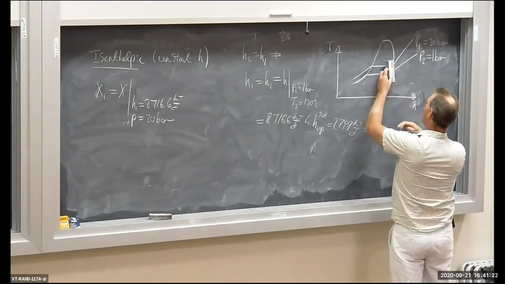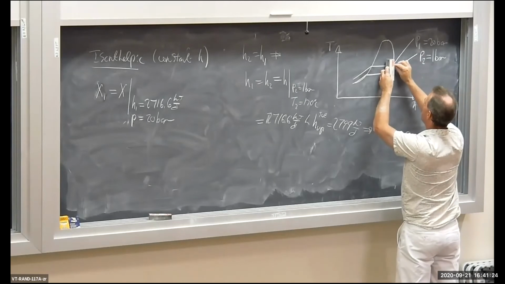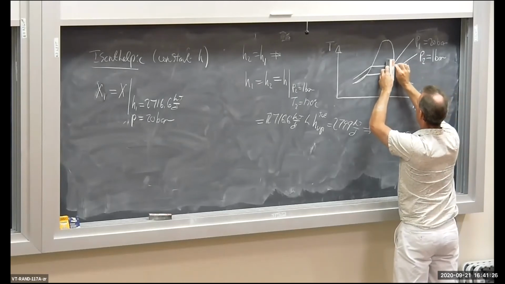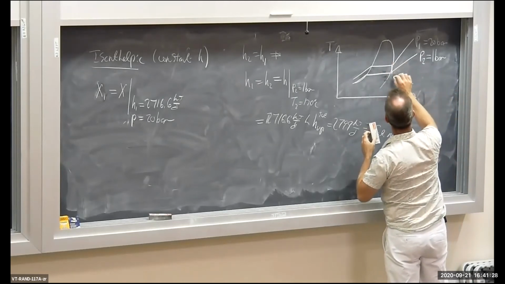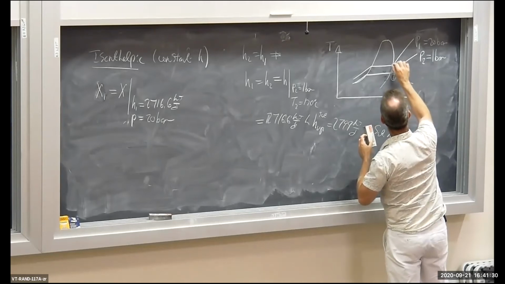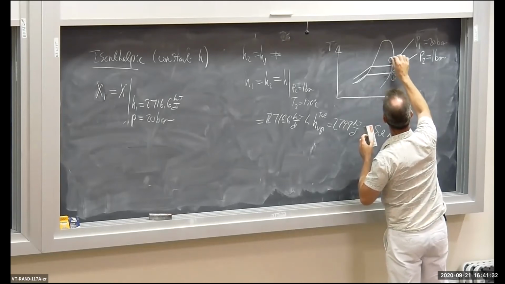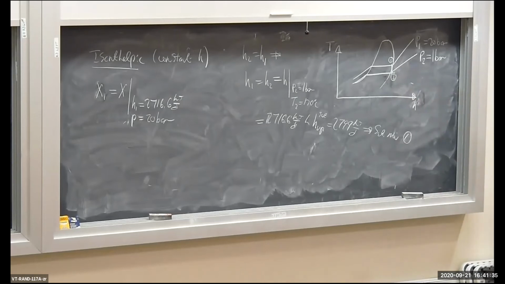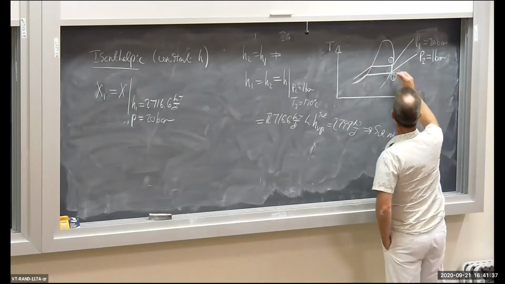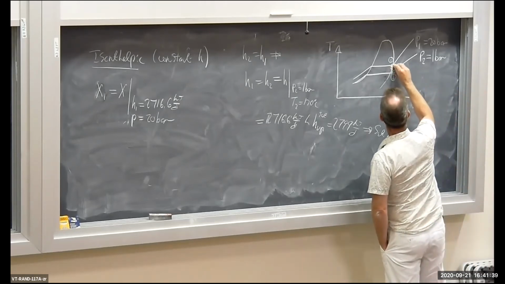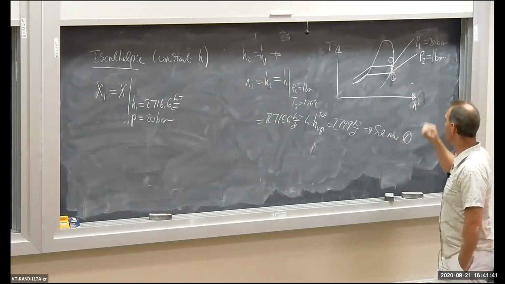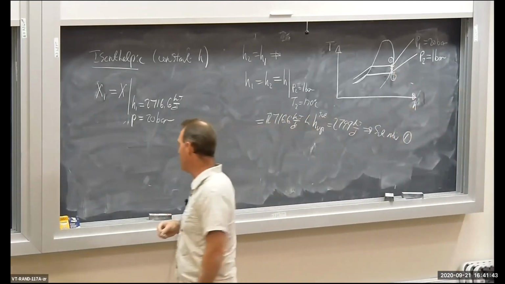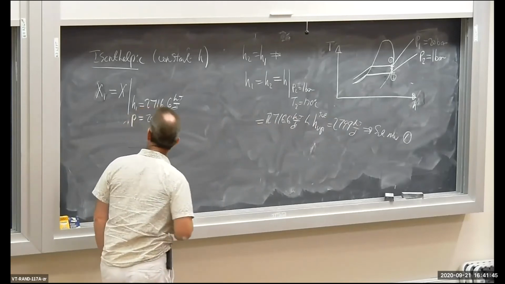So this isenthalpic process, here's state 2, and here's state 1. That's the process, a downward movement from state 1 to state 2, the isenthalpic process, and it's a saturated mix.